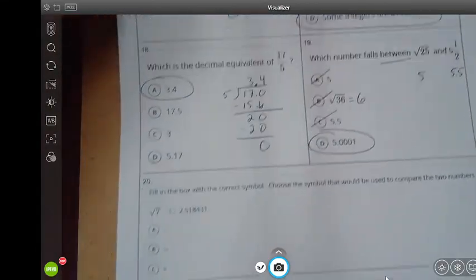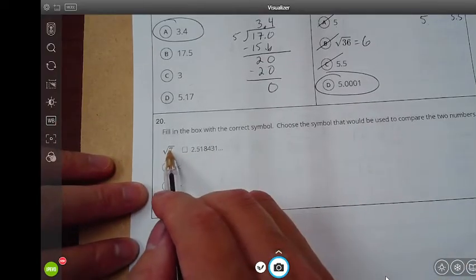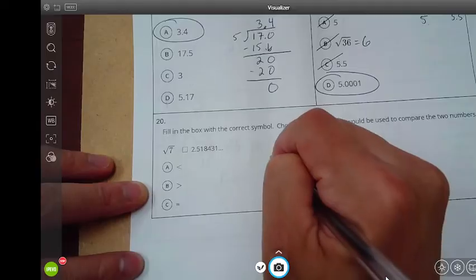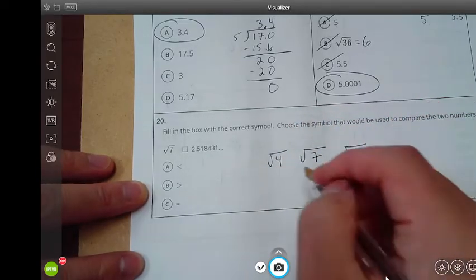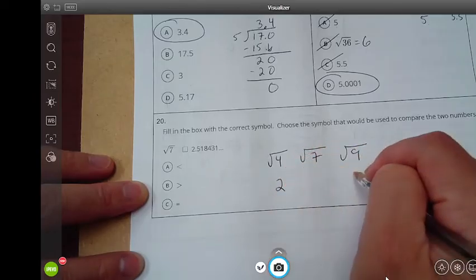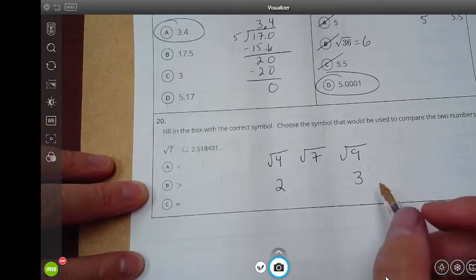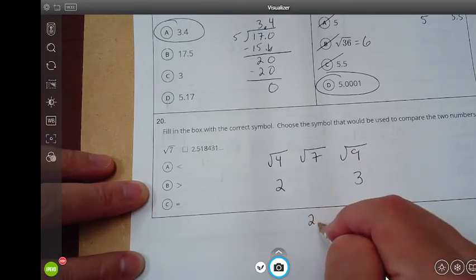All right, last one, fill in the box with the correct symbol. Let's go ahead and estimate this square root of 7. The next lowest perfect square is square root of 4. The next highest perfect square is square root of 9. It is between 2 and 3. Okay? It looks like it is closer to the bigger number, so we know it's going to be 2 point something.